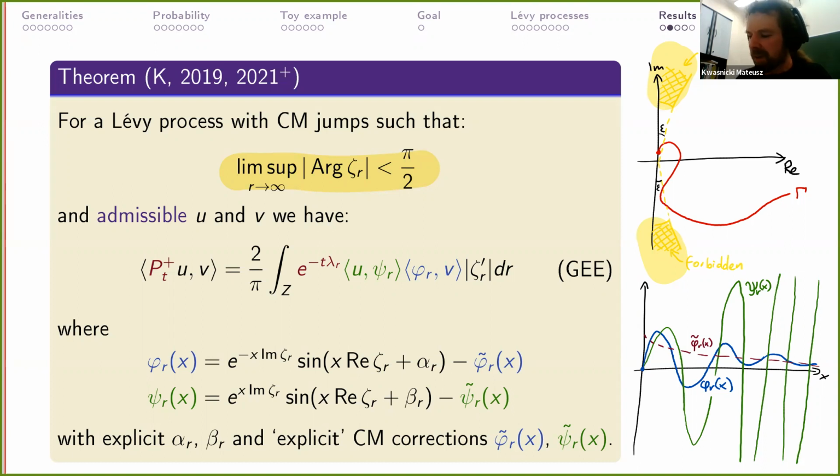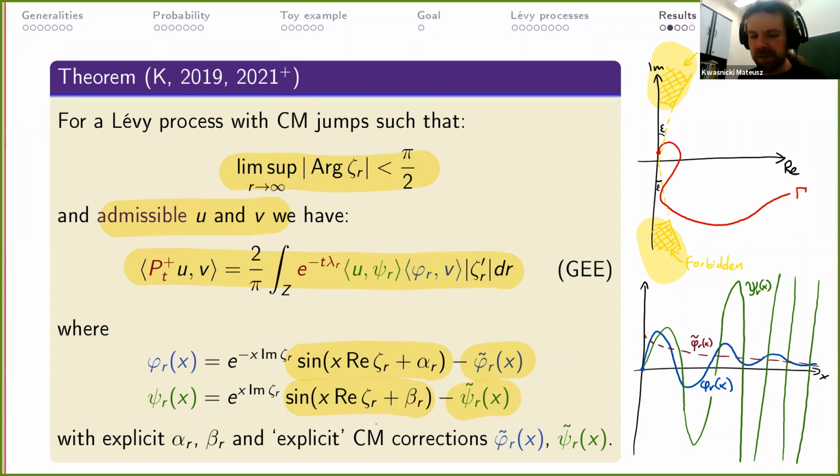And for an appropriate class of functions U and V, we come to these spaces of analytic functions now, we have the generalized eigenfunction expansion in the form that I just discussed throughout the rest of the entire talk up to now. And again, phi and psi are given explicitly. So you recognize the sine term and the correction term, which are, again, of the same form.